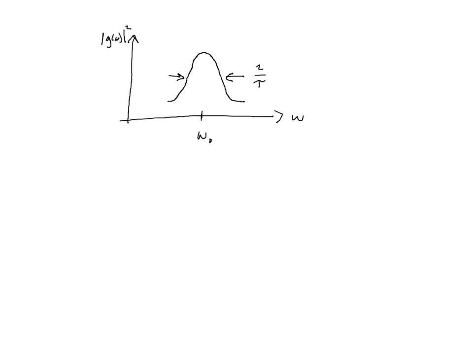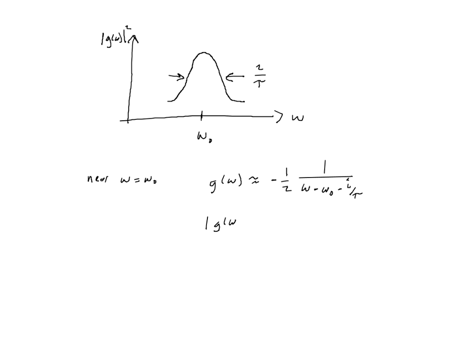And so you can also see that as you get near omega equals omega naught, then G of omega approximately becomes equal to minus 1/2 times 1 over omega minus omega naught minus i over tau.